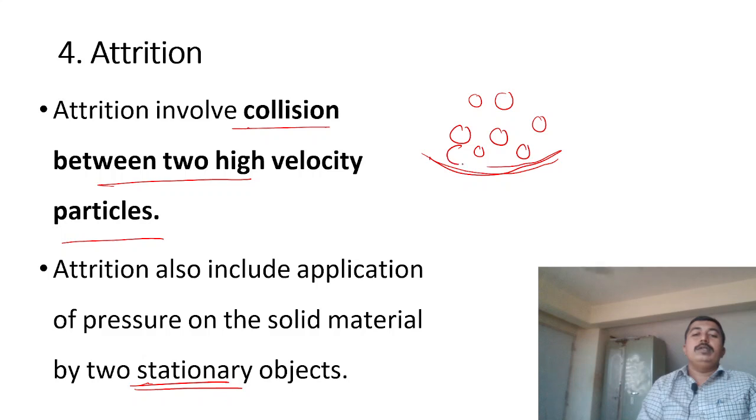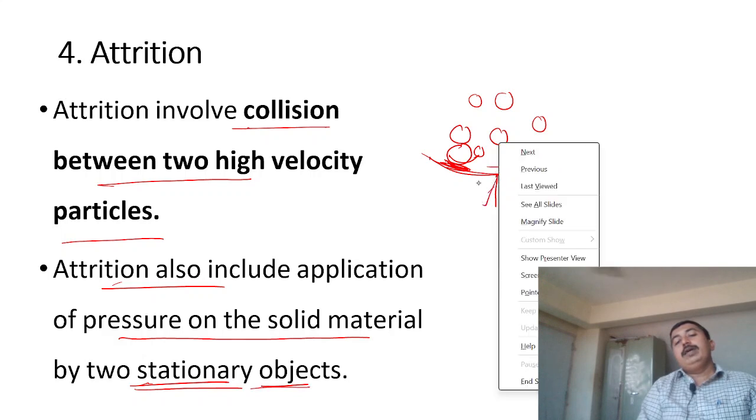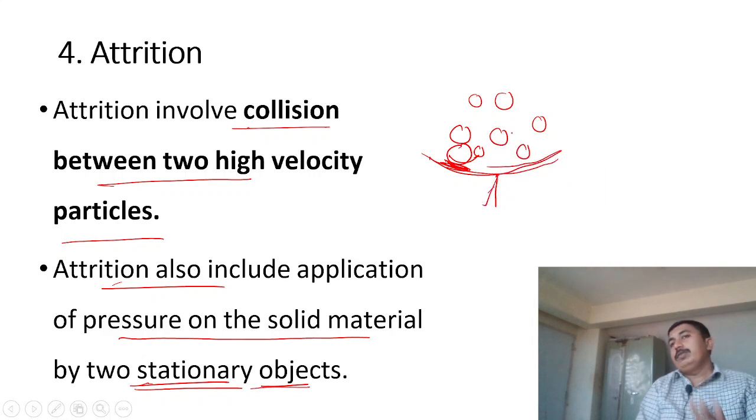So this is also a stainless steel ball. In between the wall of the chamber and the ball, the material is crushed by the moving balls. So this is also known as attrition. Again, pressure is applied on the solid material by the stationary object, that is the chamber of the ball mill, and the rotating balls.